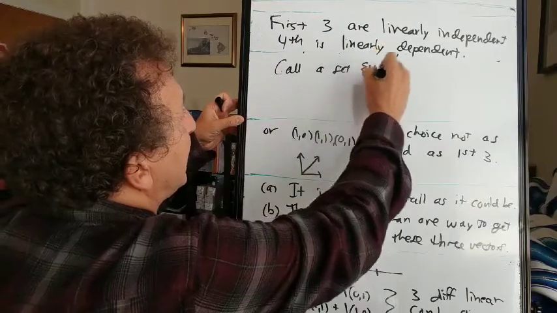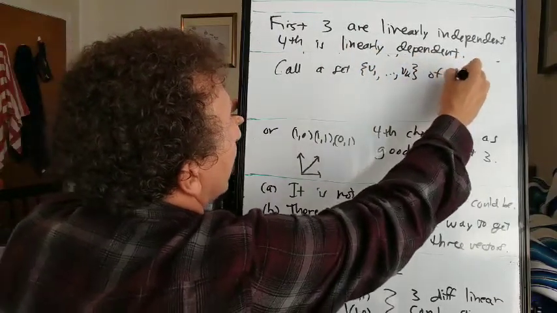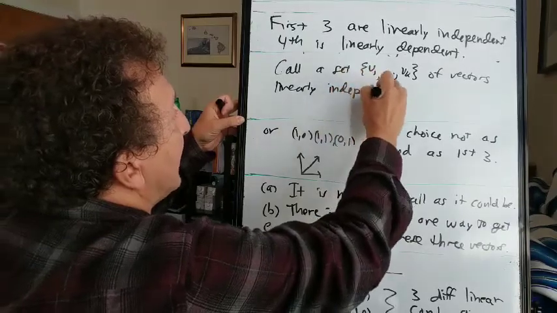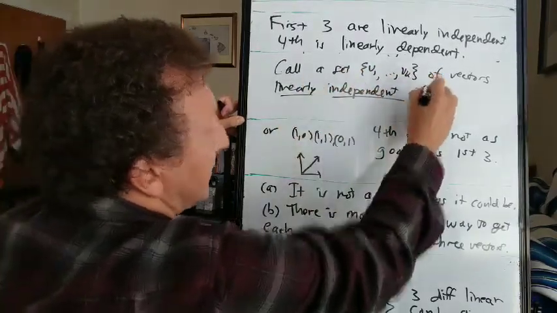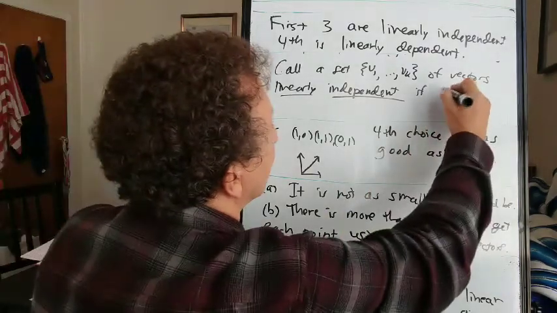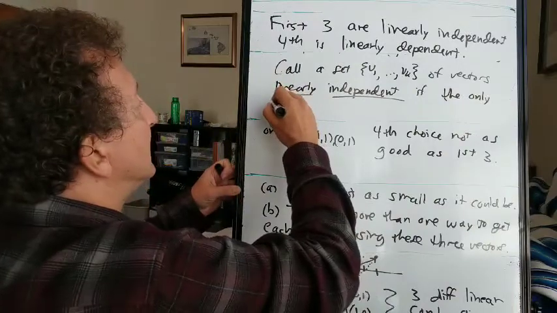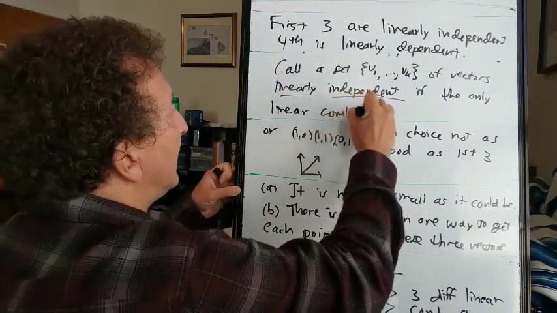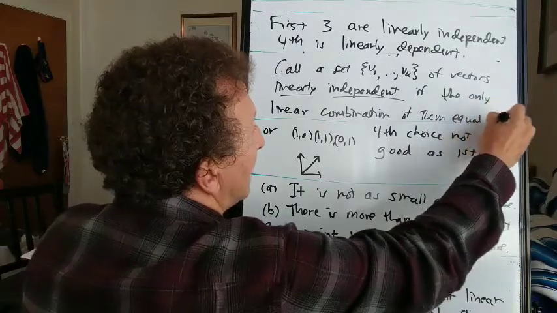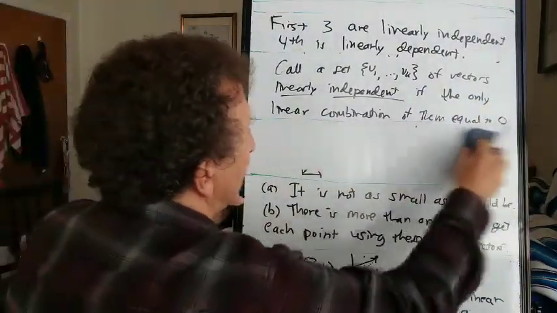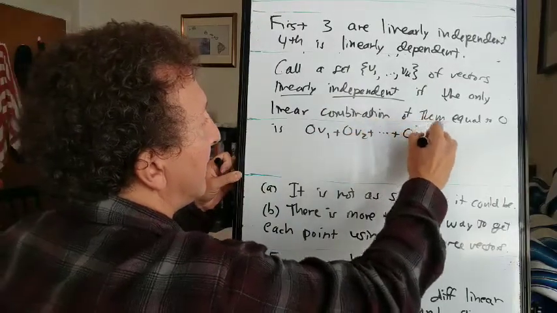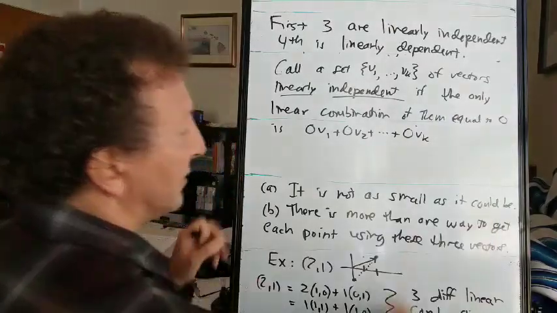We call a set v1 through vk of vectors linearly independent if the only linear combination of them that gives 0 is the zero linear combination. So if that's the only way to get 0.